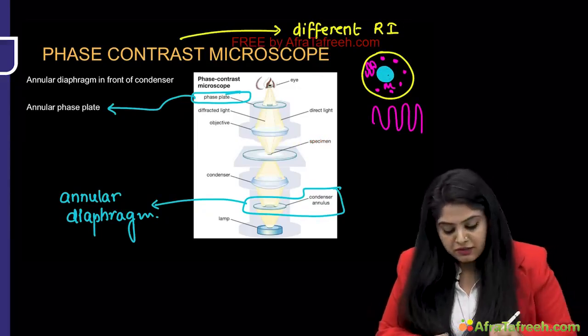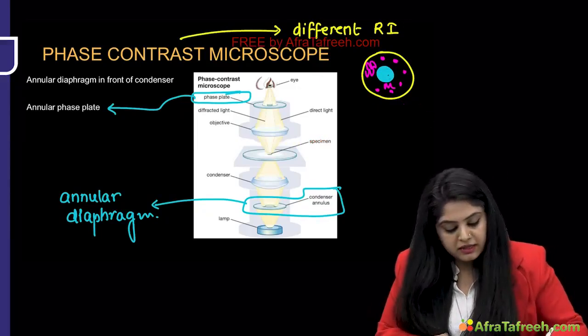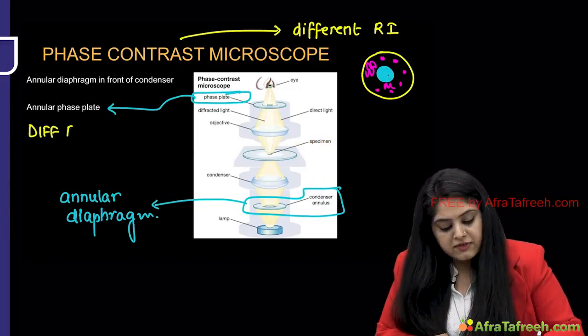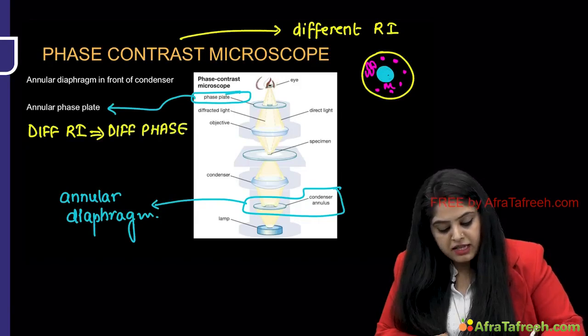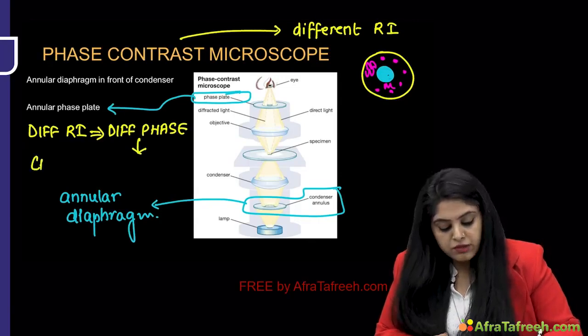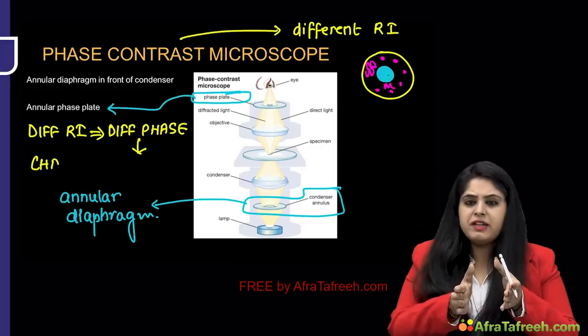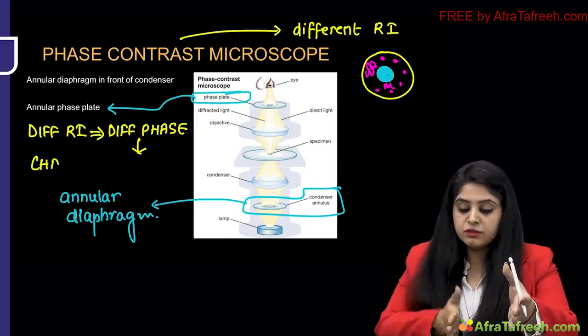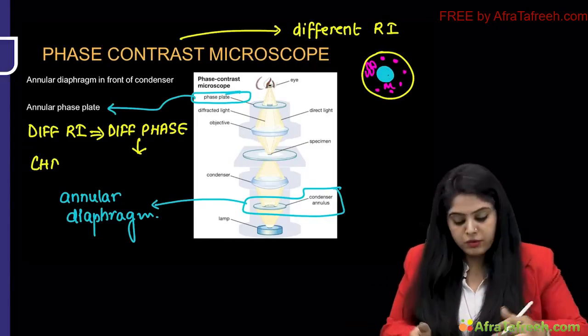Please remember, whatever differences in the refractive index there are will show me different phases, and these different phases are then converted into light amplitude. If light is passing through a high refractive index and through a low refractive index, the light is going to change.